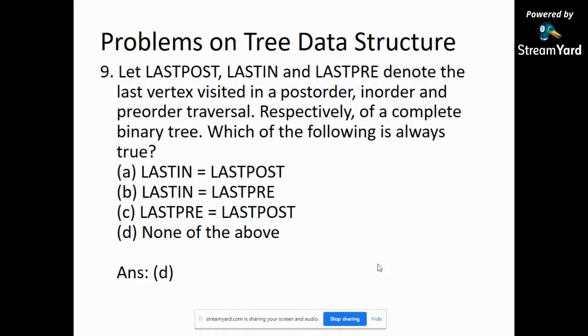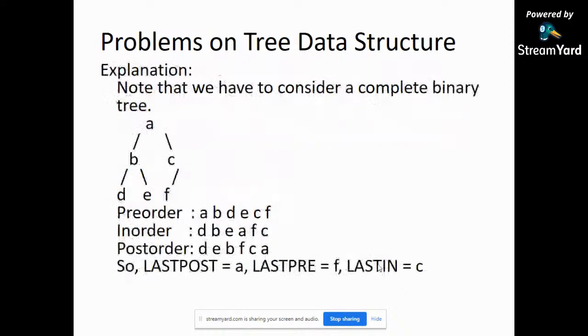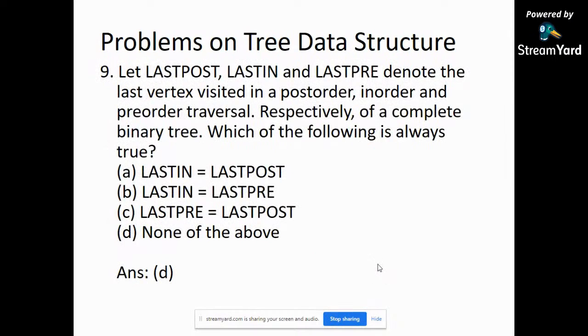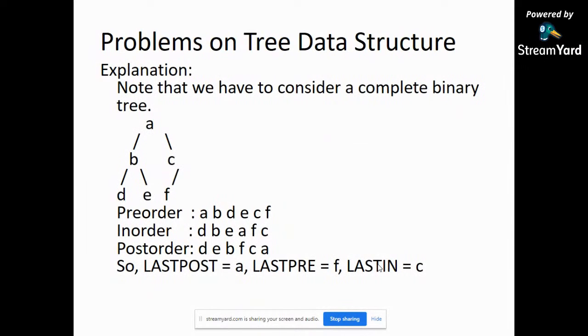And the correct option is none of the above, because last in is C and last post is A. So C is equals to A? No. So in this way, the correct option is D.